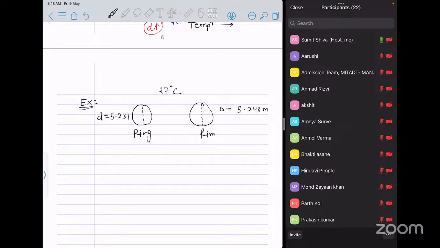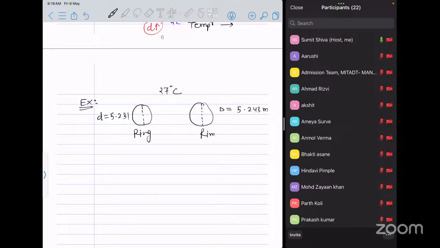From the data, it is clear that the dimension of ring is smaller than rim, which implies that there is no way that ring will fit on the rim. So what we are trying to do here is that we will give some heat energy to the ring, and due to the heating, ring will expand in such a way that it will fit on the rim. Now the question is, to what temperature do I have to heat it?